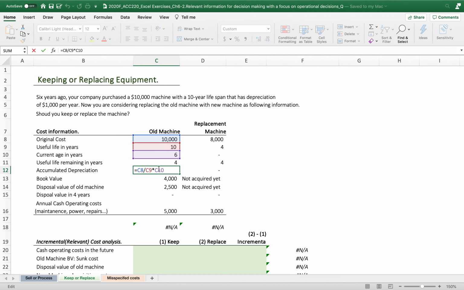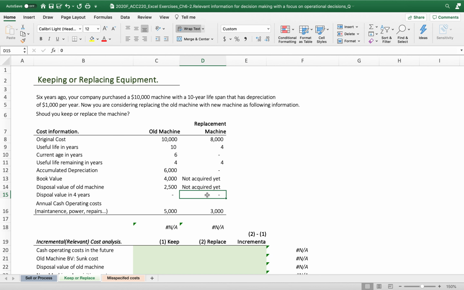Okay, and then the book value is calculated by 10,000 minus 6,000. Then the disposal value of the old machine is $2,500, which is a given number. We don't have a disposal value in 4 years, which means there's no residual value of this old machine when you dispose of it at the end of its useful life.